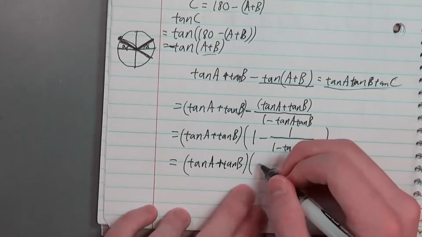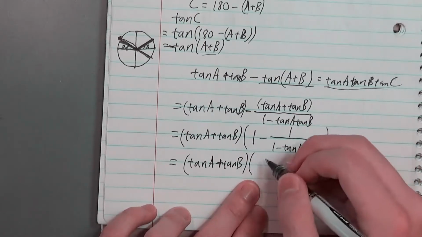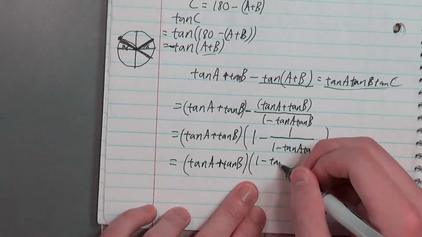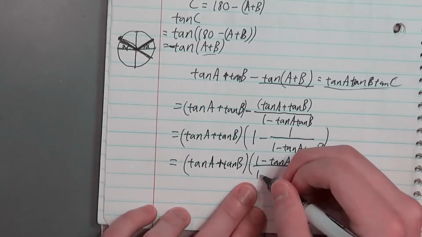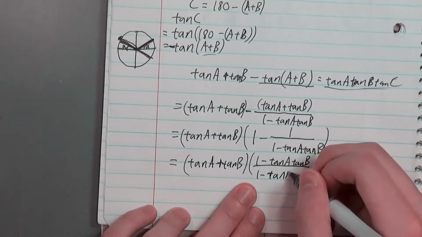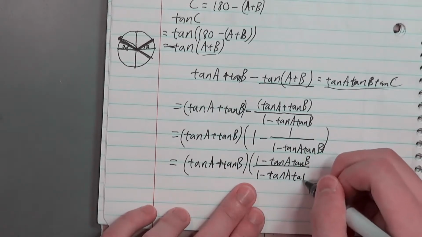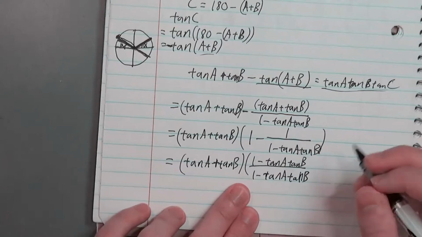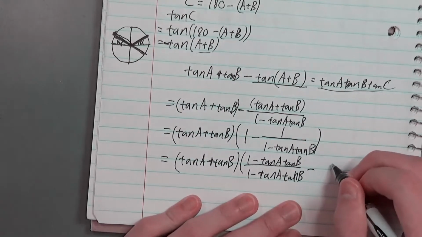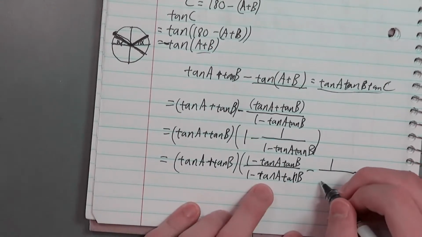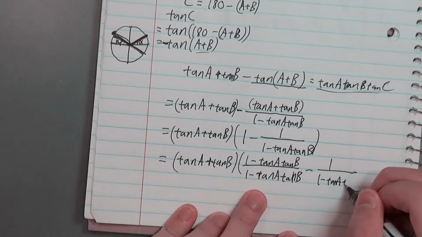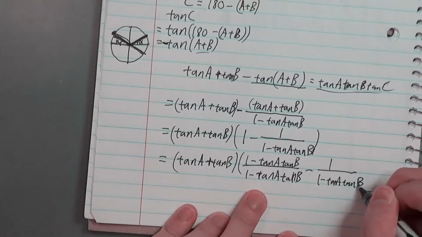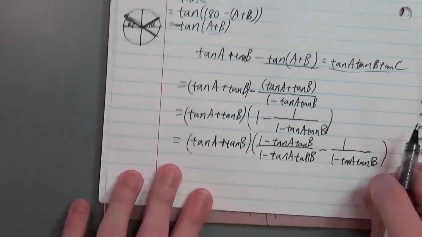So 1 can be rewritten as 1 minus tangent of A tangent of B over 1 minus tangent of A tangent of B, minus 1 over the same denominator, 1 minus tangent of A tangent of B. And close that off. Now what?